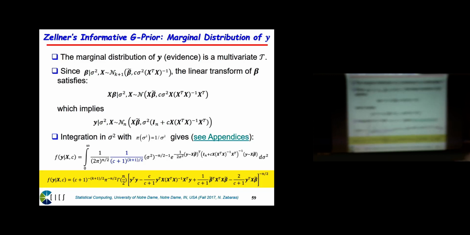If it was a univariate Gaussian, you put the sigma squared to a half. What do you put here for a multivariate Gaussian in the denominator? 1 over the square root of? The determinant. So somehow we're going to need the square root, which is the 2, and we will need the determinant of this huge animal there, I plus c times all of these things. And it comes out that this determinant is c plus 1 to the power k plus 1.